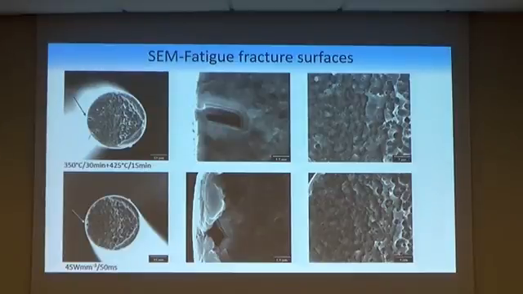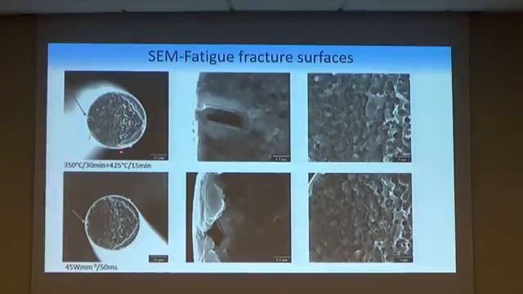Fatigue fracture surfaces show very similar fractographic features, so almost no effect of heat treatment was observed. You can see two examples of annealing. Fatigue cracks always initiate on near-surface impurities or defects.